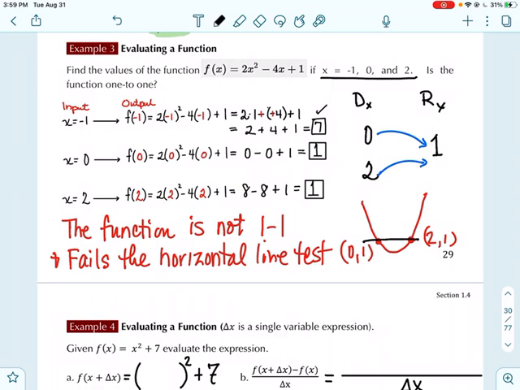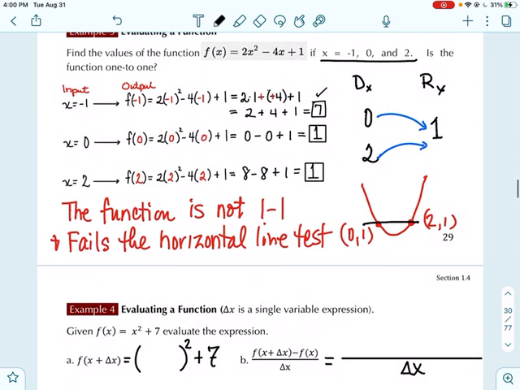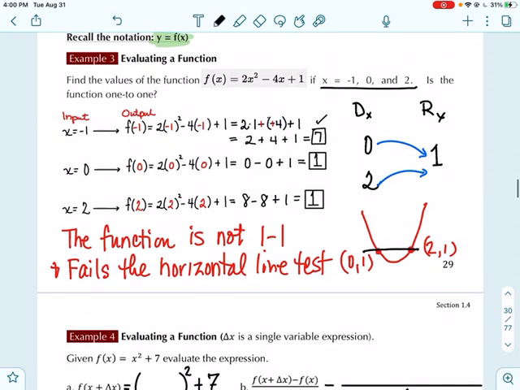Each x gets 1 y for a function, but if each x gets 1 y and that y can only go back to the same x, then it's a 1 to 1 combination. So if each x gets 1 y and that y gets that same x, then the function is called 1 to 1. Now we can make a connection here with 1 to 1 functions and their inverses.